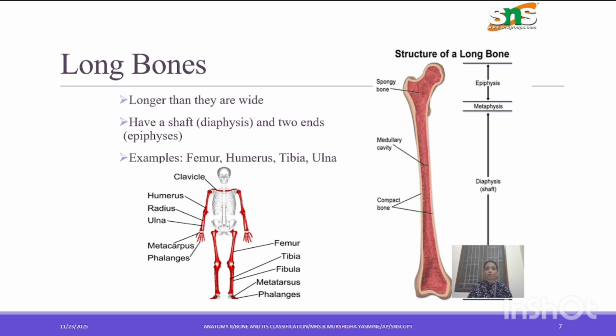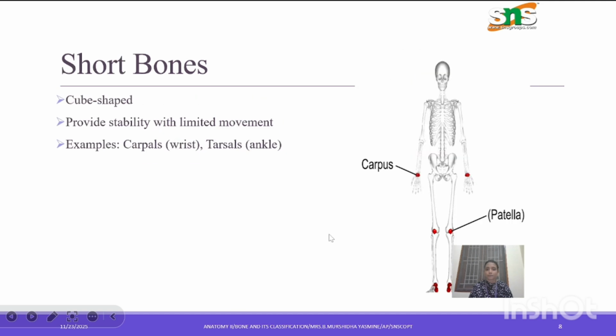Examples of the long bone are thigh bone, arm bone, leg bone like femur, humerus, tibia, fibula, ulna, radius. In this picture, you can see the red color markings are the long bones of the human body.